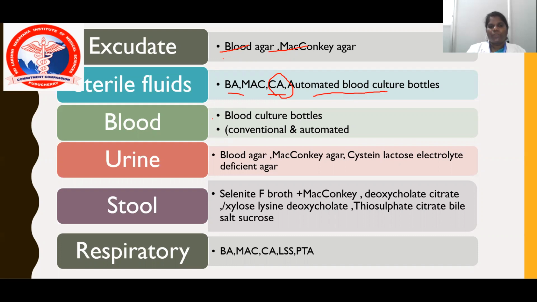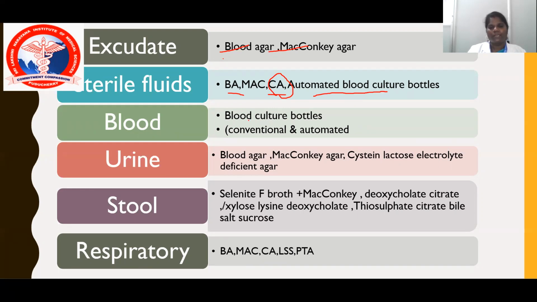Coming to blood culture, you cannot inoculate directly onto blood agar or MacConkey agar, because the organisms will be minimal, so it is not sufficient to rule out the diagnosis. For that, you have to first inoculate into a blood culture bottle. For example, conventionally we use brain heart infusion broth. There are two kinds of blood culture bottle, biphasic or monophasic.